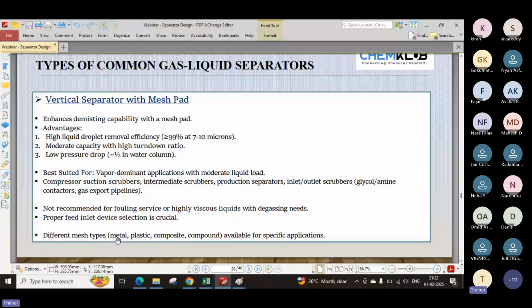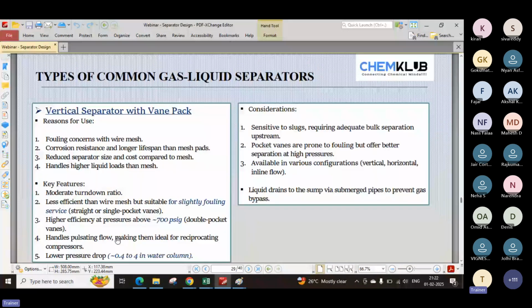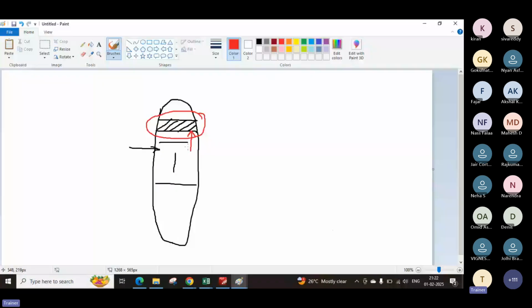Vane pack. Let me draw it here. Okay, a vane pack is nothing but some plates arranged in this fashion, and those are bolted.